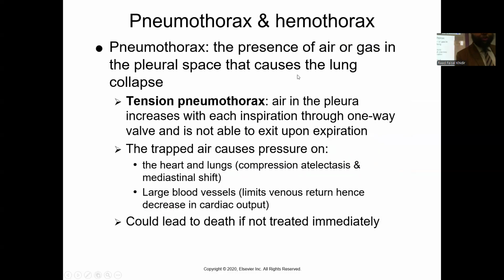Pneumothorax is when there's a trauma. So the presence of air or gas where it doesn't belong. The presence of air or gas in the pleural space, the pleural sac that surrounds the lung. So your lung is, let's imagine that you have a balloon and the balloon is full of water.